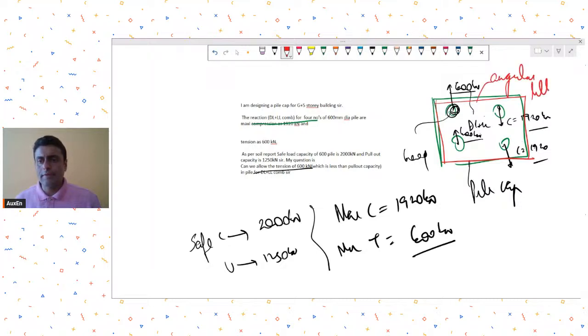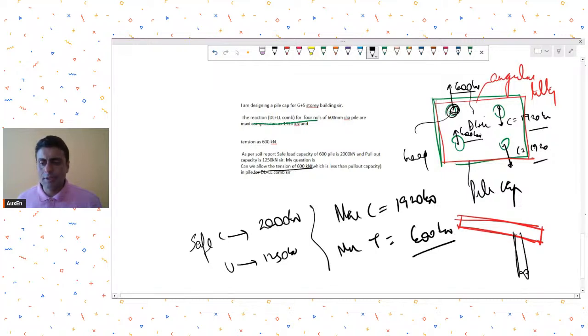Because two piles are in compression and two in uplift, there is going to be some angular deformation. I am drawing quite an exaggerated diagram, but you understand what I'm saying. This pile is compressing, this pile is lifting, so there will be some angular distortion like this.